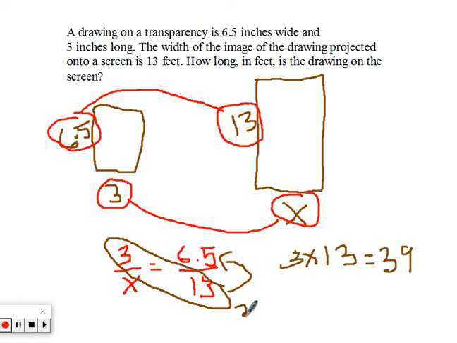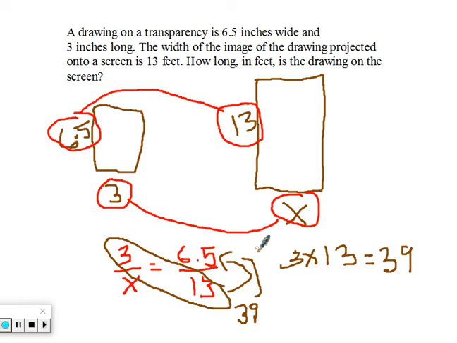So this gives me 39. And now I'm going to divide 39 by 6.5. Just because of time, I want to do this right quick. I'm not going to show you how to divide 39 by 6.5 because that's something that you should already know.